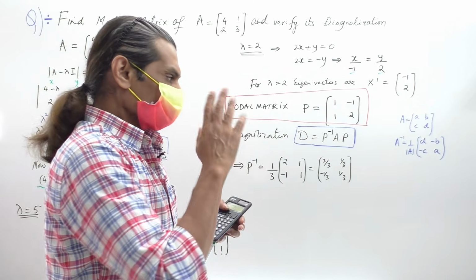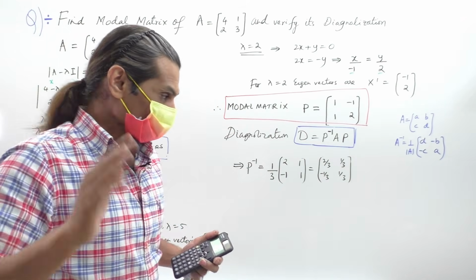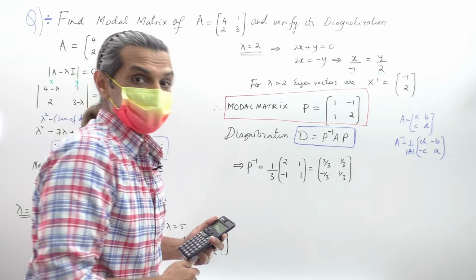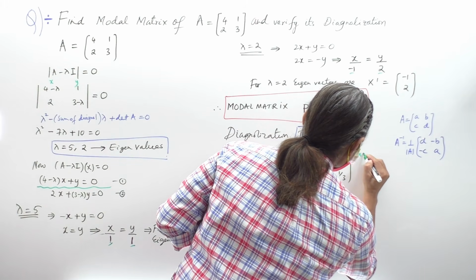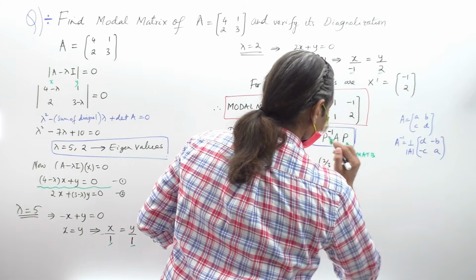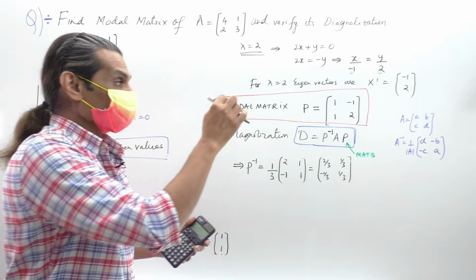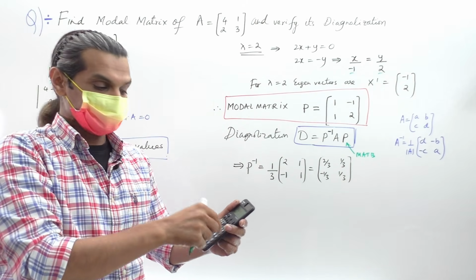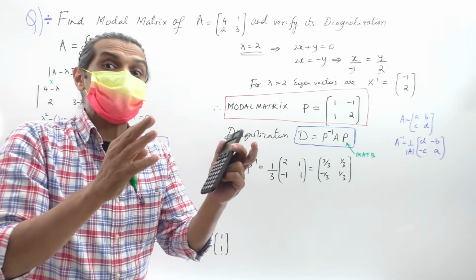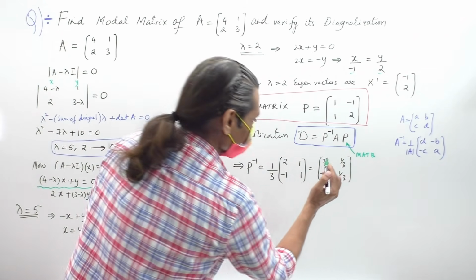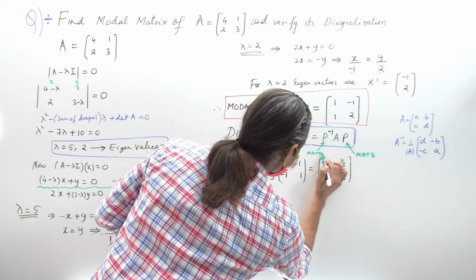A simple trick. Diagonalization D is equal to P inverse AP. Right. Now you're finding P inverse. I will assign this P as matrix B. When I find its inverse and press execute, the answer will be stored in Mat Ans. That is, P inverse is stored in the Mat Ans location in your calculator.